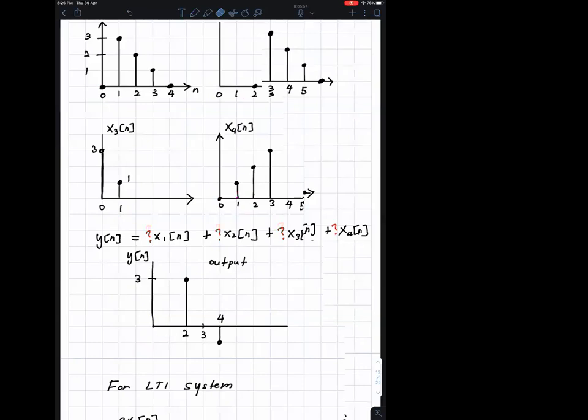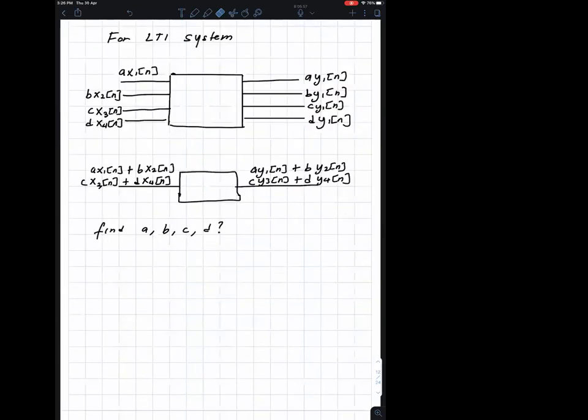So let's write the equation for n equals 1: A x1[1] plus B x2[1] plus C x3[1] plus D x4[1].